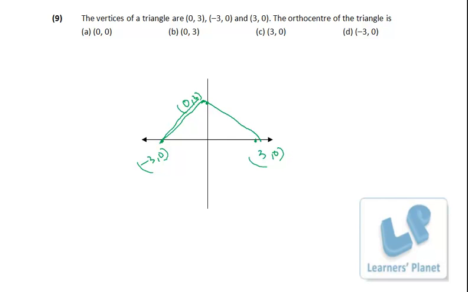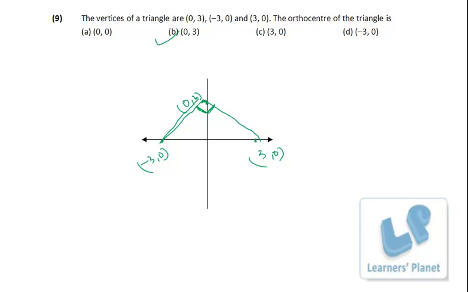I'm sorry, minus 1, right? So the product of the slopes is minus 1. That means this line and this line are perpendicular to each other. That means this is a 90-degree angle, and if this angle is 90-degree, it is a right angle triangle. That means this will be the orthocenter. So the orthocenter will be nothing but 0, 3. Okay, I just write it once again over here.